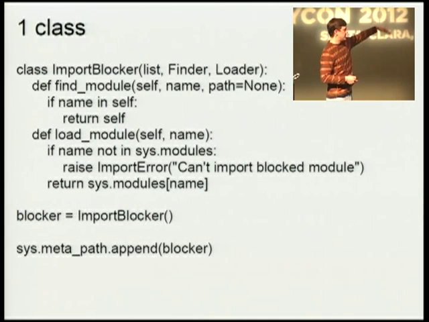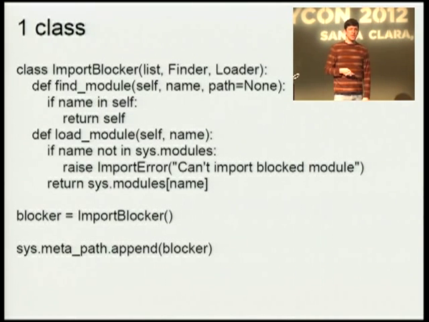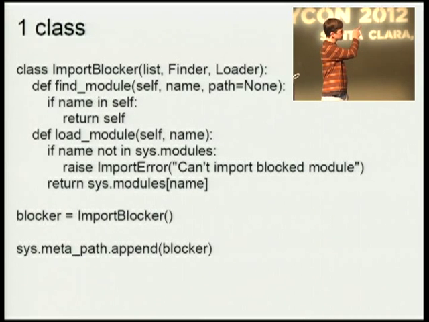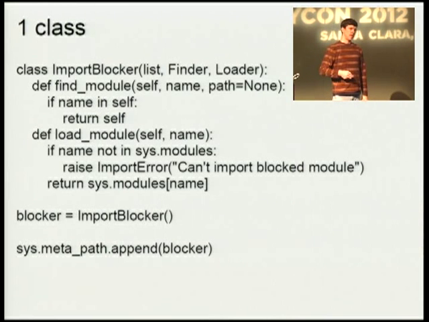It's going to do the exact same thing, but now we've thrown it into one class. Again, pretty straightforward. We're just returning a copy of self in the case where we'd returned the blocking loader. And then we can handle load_module just like normal.